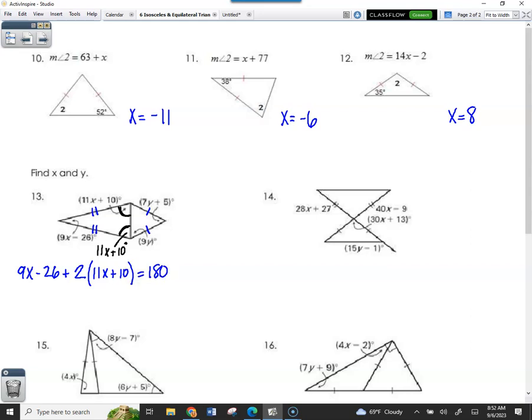You will distribute the 2 to everything in the parentheses, then combine like terms, add them up, and then solve for x. So while the problem looks really difficult, it's actually the same equation we've already been doing. It's just now you have polynomial expressions instead of just an x and just a number.